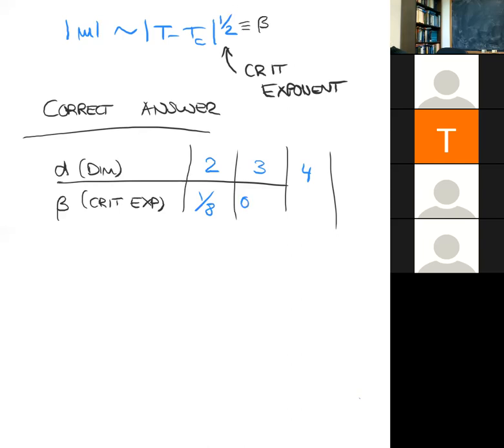It's 0.326, many more digits. And in 4 dimensions, it actually is 1/2. That's sadly not the real world. So in 4 dimensions, the Landau theory is actually exact. And if you go to fewer dimensions, then it's only an approximate theory.